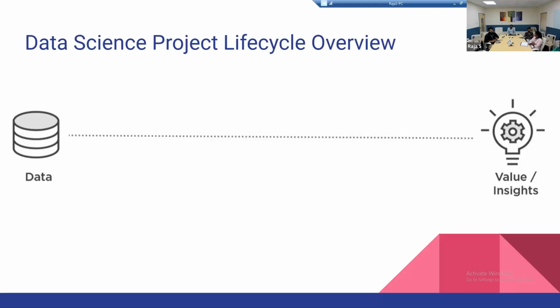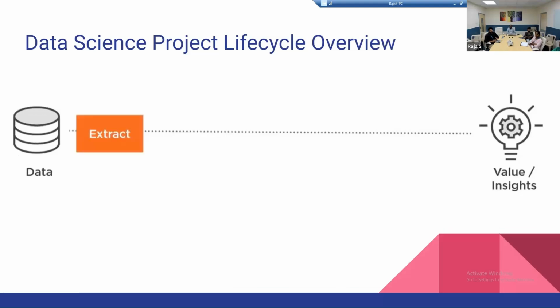So the first stage is extract. As I told earlier, first we need to extract the data. So we have three different options. We can extract data from SQL, we can extract data from JSON, we can extract data from the web, like web scraping. Okay, these are the three.